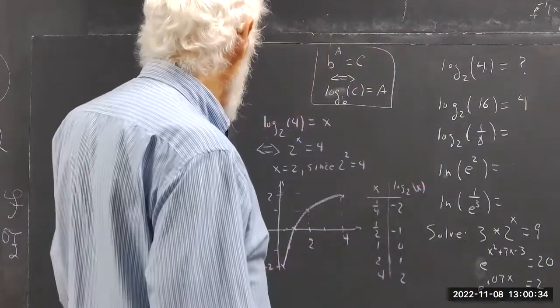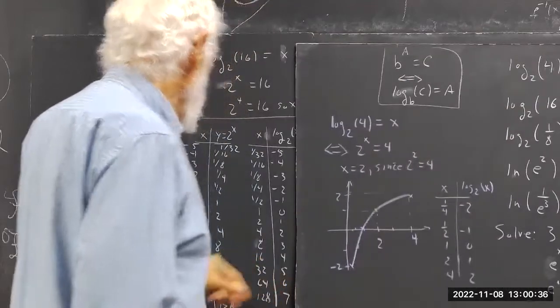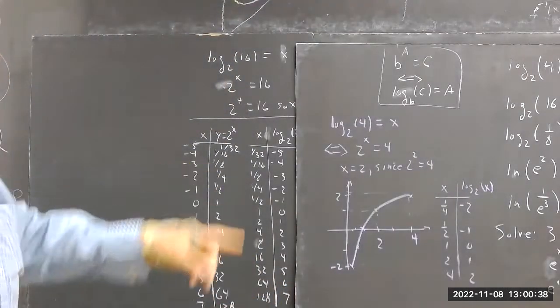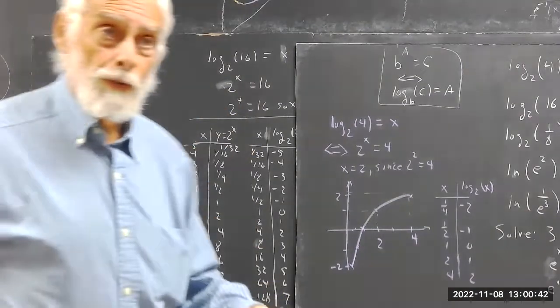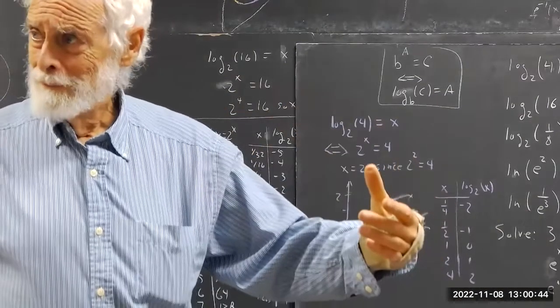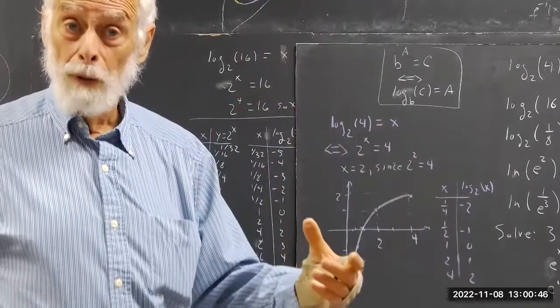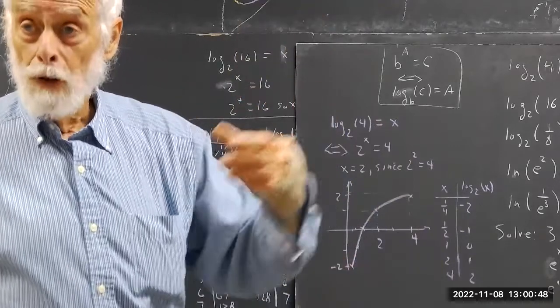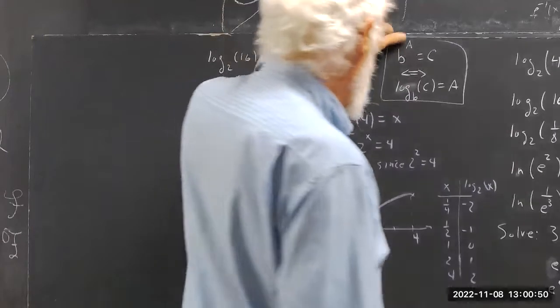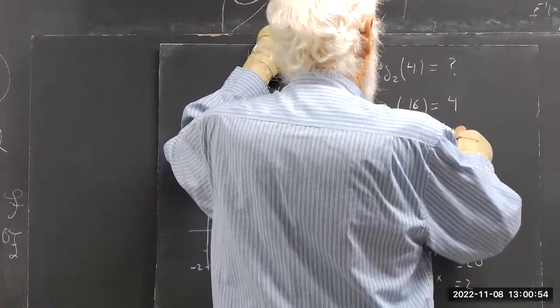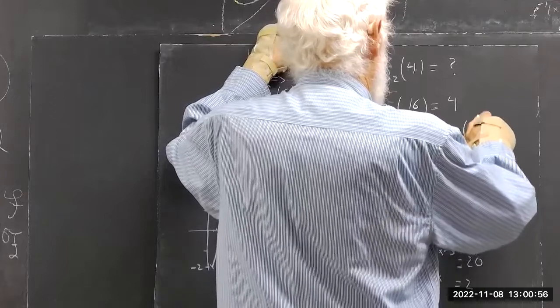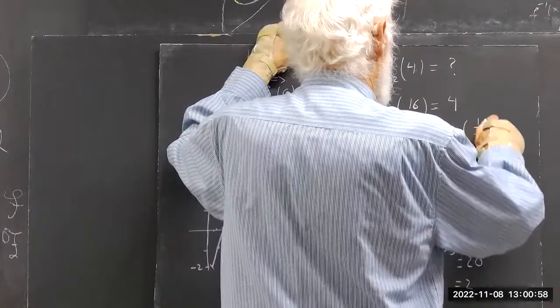Okay, what about 1/8? Does 1/8 appear over here? Well, yeah, it's a -3 power of 2. Now, hopefully you recognize 1/8 is 2 to the negative what? It means 1/2 to what power? Okay, 1/8 is 1/2 to the third. We could do this, log base 2 of 1/2 to the third.